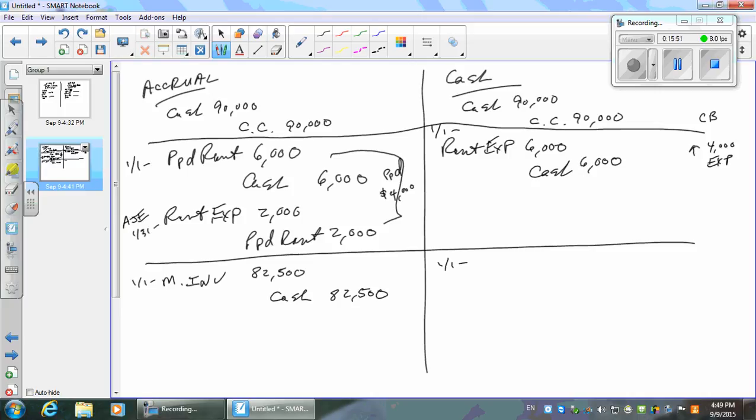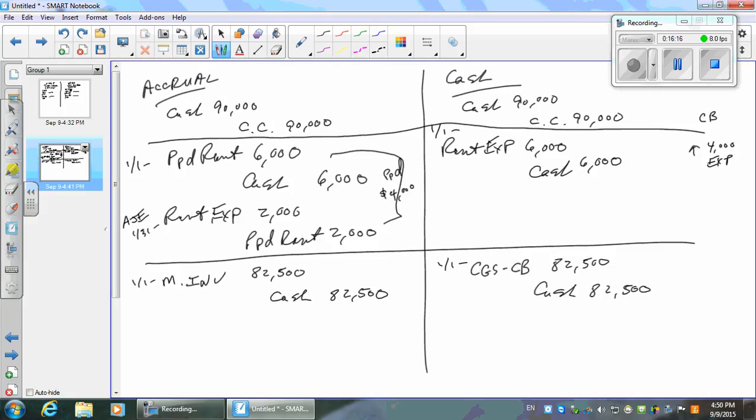So, okay, here we go. What would you do on the other side? It's still going to be credit cash, don't you think? Yeah, but no such thing as inventory. I guess it's cost of goods sold, cash basis, whatever you want to call it.